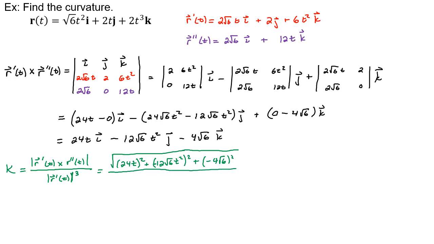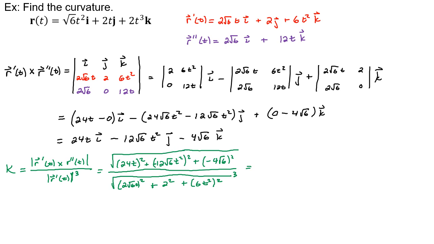And that's going to get divided by the magnitude of the original r up there at the top. Oh, sorry, the r prime. The 2 root 6, the 2, and the 6t squared. And that whole thing has a cube on it. Don't that look nice?